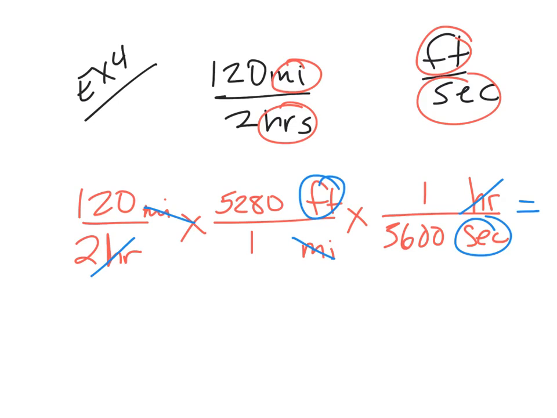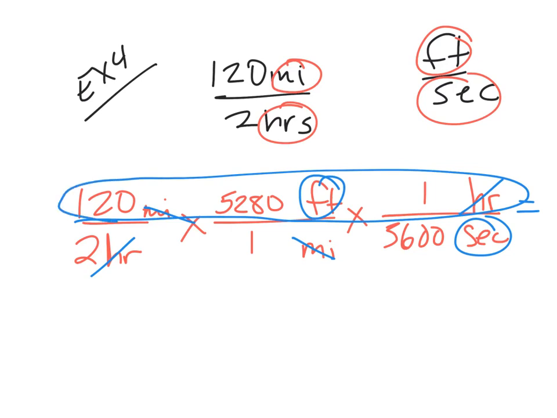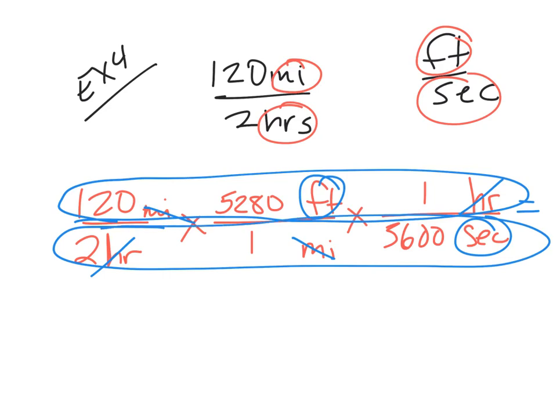All right, so now we just multiply straight across. I'm going to do 120 times 5280 times 1, and then divide it. 120 times 5280 is 633,600.